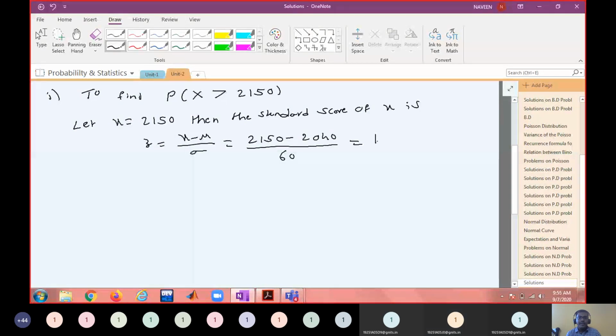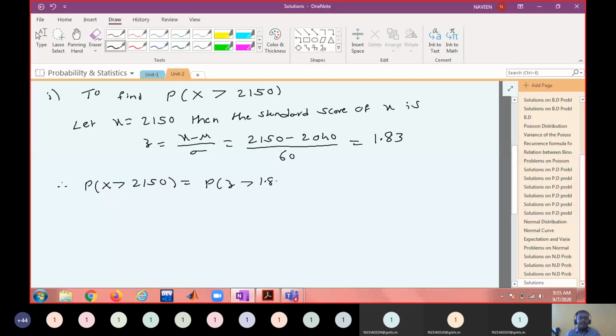The simplification gives 1.83. Rounding off to 2 decimals: when the third decimal is 5 or more, add one to the second decimal. Therefore, the probability that x is greater than 2150 is the same as the probability that z is greater than 1.83.